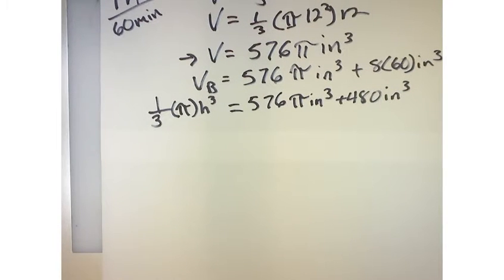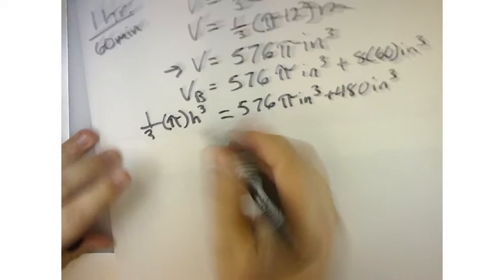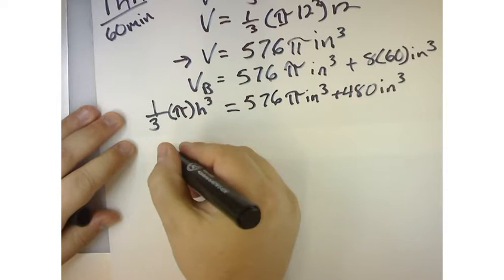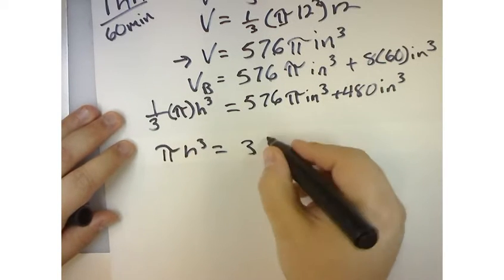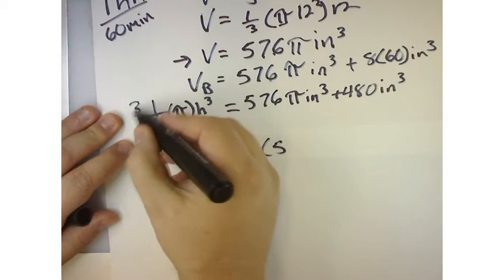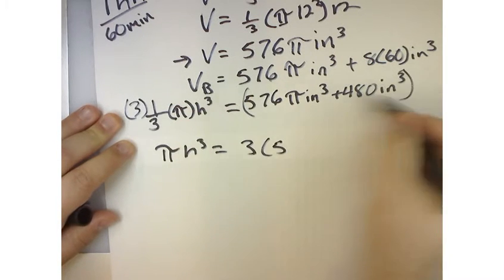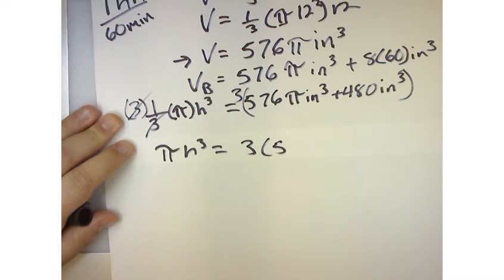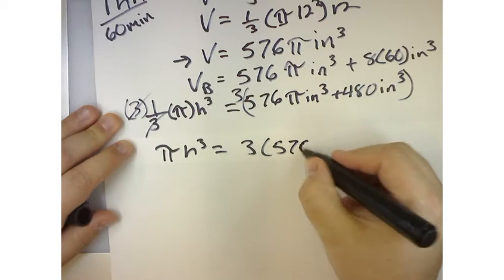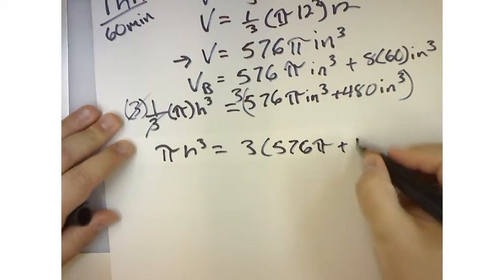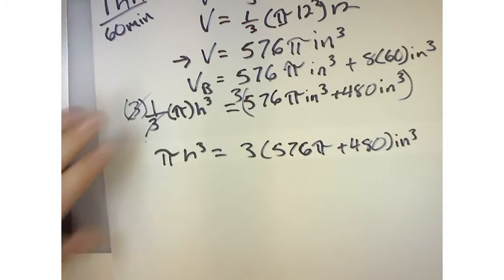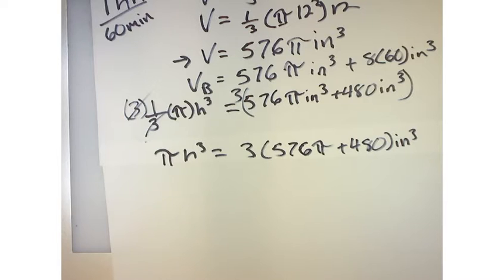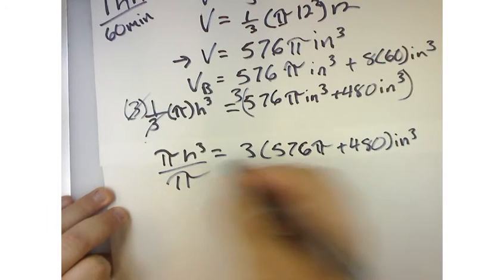So the only thing I need to do next is a little bit of math. The first step would be pi times h cubed, and then all this stuff times 3, because if I multiply this by 3 and I multiply this by 3, these 3's cancel. Then the next step would be to divide everything by pi.